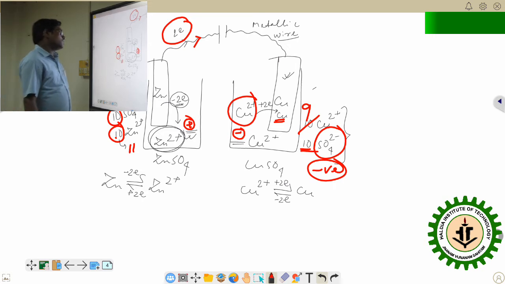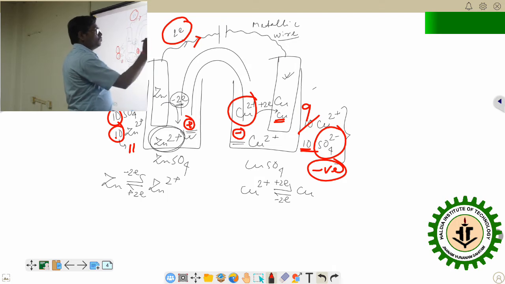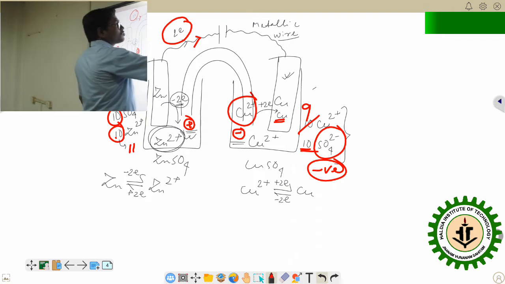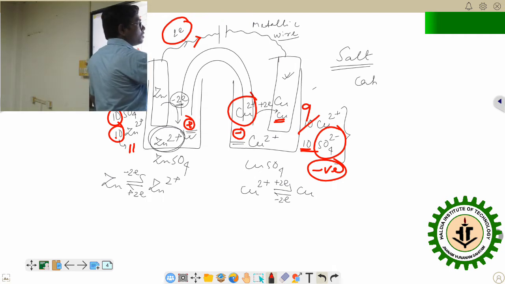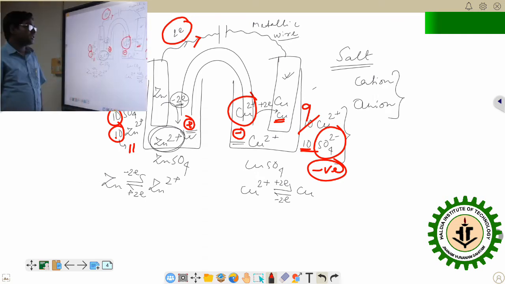We have to take a U-shaped tube within which we put some salt. You can't use just any salt; you have to use a salt having a cation and anion with almost similar velocity or mobility.